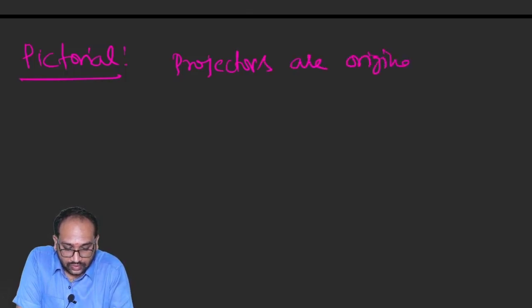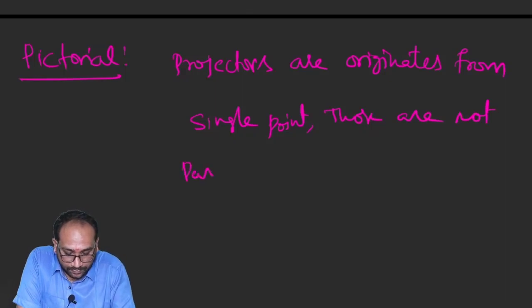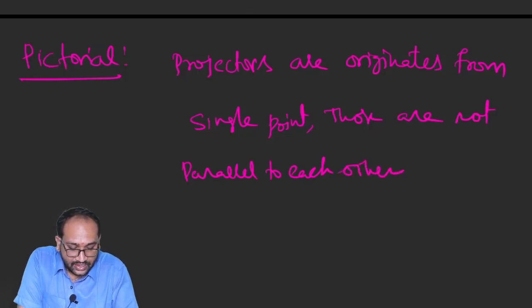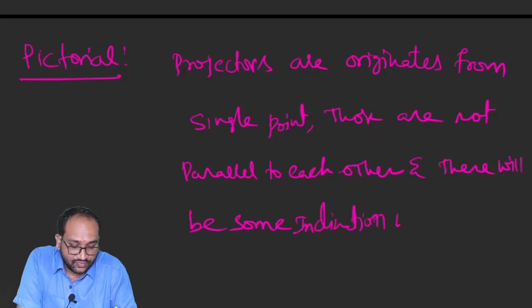Coming to the definition of pictorial projection, all projectors originate from a single point, and those projectors are not parallel to each other, and there will be some inclination with the plane of projection.